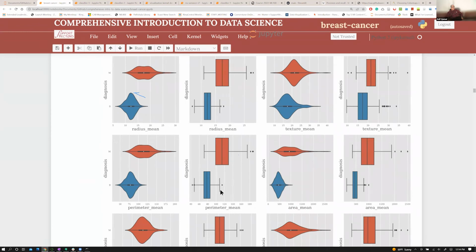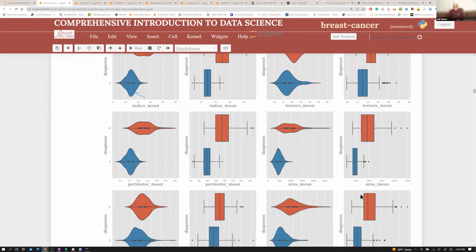What about perimeter mean? That also seems to be a fairly good candidate. Somewhere around 90, if you pick a value as a decision boundary, that one single predictor might be pretty good, right? And you can find a lot of single predictors here that could be used.